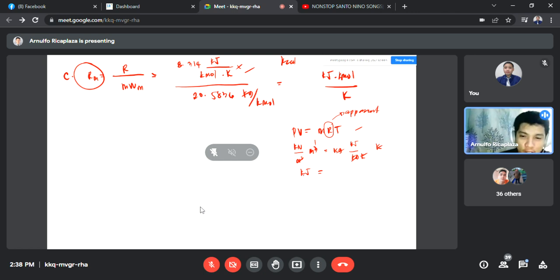Or going back to PV = nRT, sometimes in the problem or in the PPD, it has a bar on top, meaning universal. So in unit analysis, kilonewton per square meter and cubic meter equals the number of moles in kilomole, and the standard R in kilojoules per kilomole Kelvin, times the Kelvin. The kilomole cancels out, the Kelvin cancels out, so kilojoules equals kilojoules.